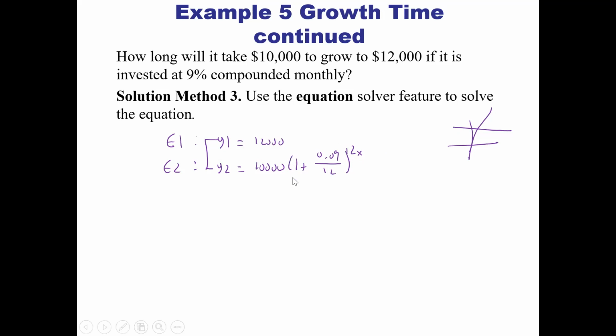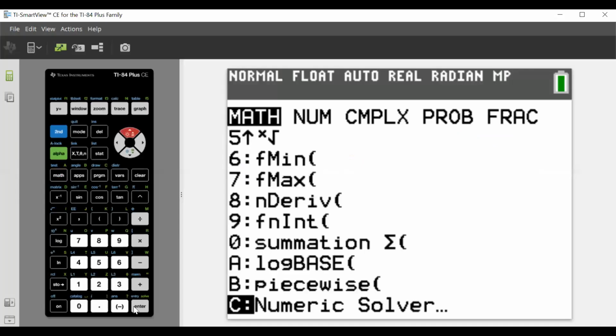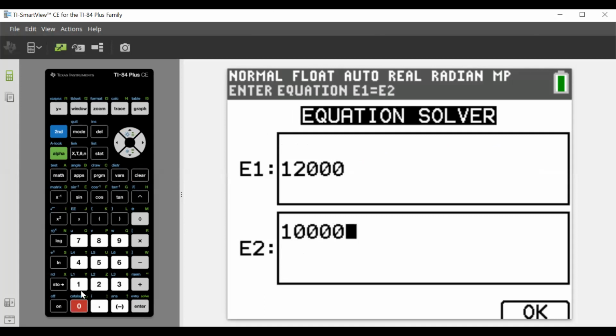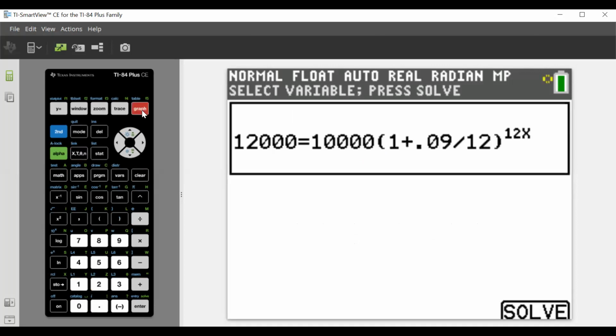I always plug it in here. Sometimes people just plug it directly into over here. If we do this again, they would type it in here. So what you could do is you could type 12,000. Here you could type the 10,000 and then the 1 plus 0.09 divided by 12. And then that's raised to the 12x. And then you're going to hit graph.